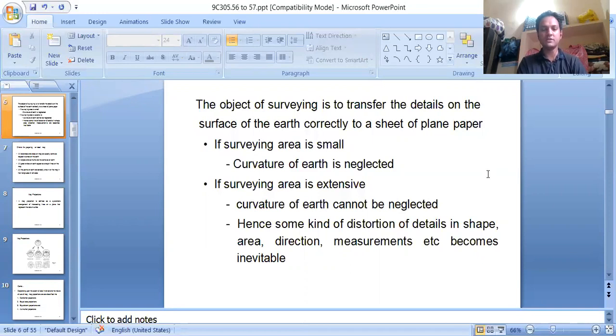Here we have to consider the curvature of the earth. Hence some kind of distortion of details in shape, area, direction, measurements, etc. becomes inevitable. So in such cases, we need to consider the curvature of the earth, and in drawing, there may be a possibility of distortion in detail, shape, area, direction, measurements, etc.